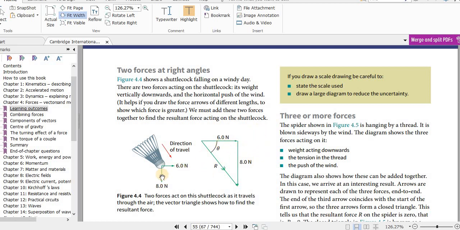Now we can place it like this, with the tip of one arrow connecting the tail of the other arrow. So here is the head or the tip of one vector, connecting to the tail of the other vector. Then the resultant is the arrow connecting the gap between them. Now here you can see it's only this force and this force.